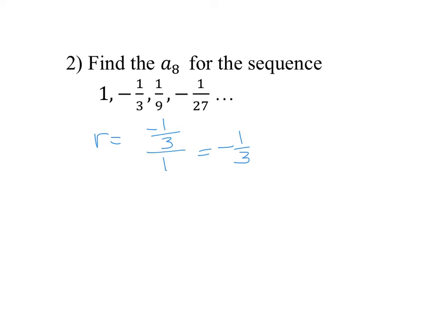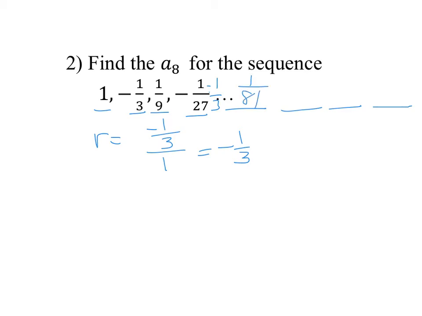So an alternative way to do this is the first, second, third, fourth, fifth, sixth, 7th, 8th. So we want the 8th term, so we just simply multiply each one of these by -1/3. So what that does is it makes it so every other one is going to be negative. So this particular one, it's a negative times a negative, so it's going to be a positive 1/81.